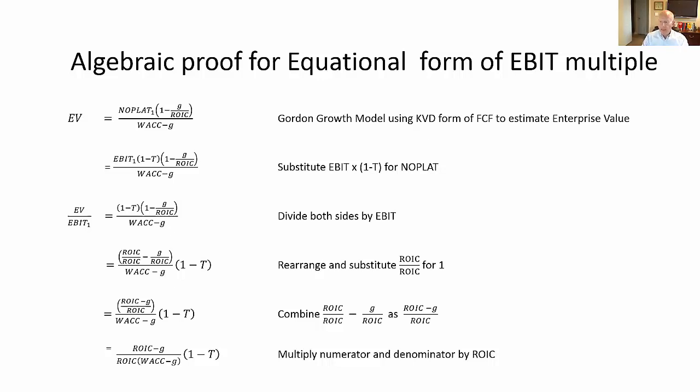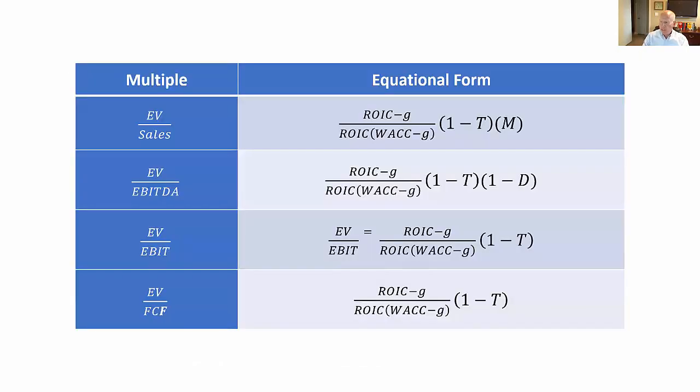When I've done that, I can then simplify that equation, as I do in the next step, to ROIC minus G divided by ROIC, and that divided by WACC minus G, and all of that multiplied by 1 minus T. And then when I do some additional reorganization by multiplying both the numerator and the denominator by ROIC, I end up with ROIC minus G divided by ROIC times WACC minus G, multiplied by 1 minus T, which is the equation that we see here for the EBIT multiple.